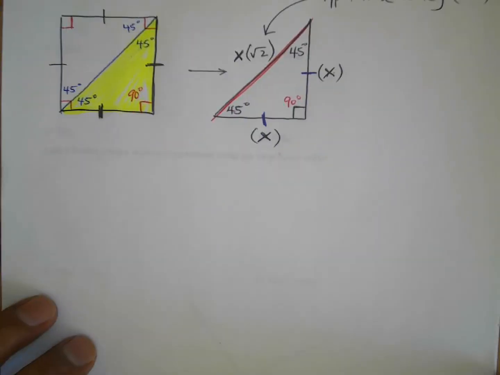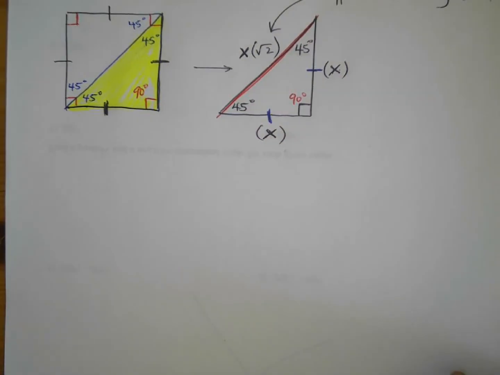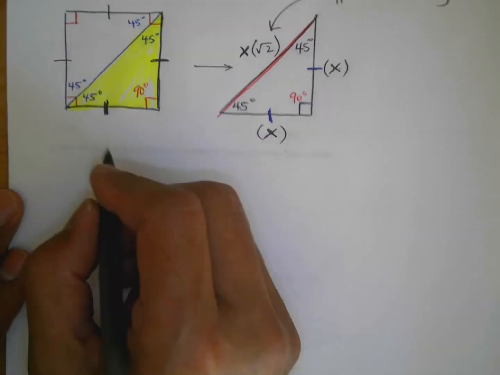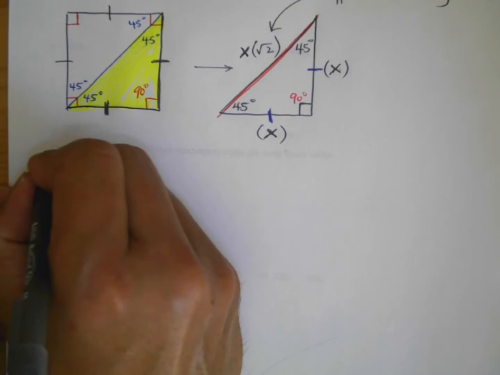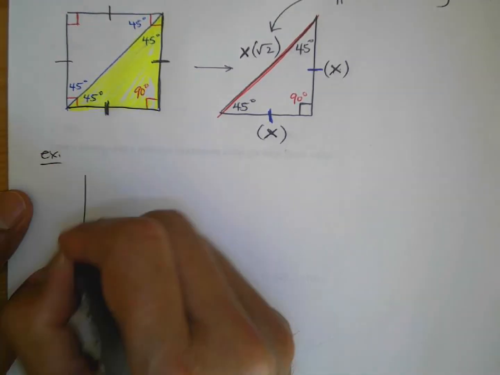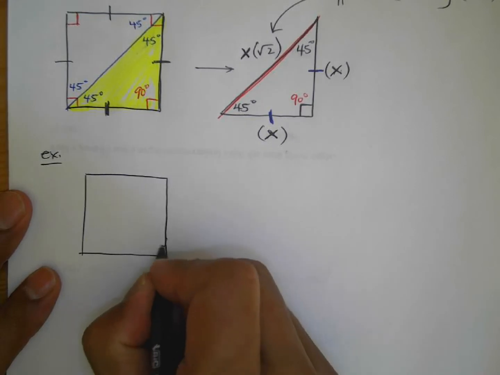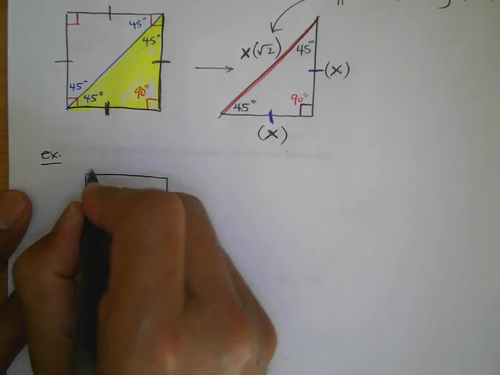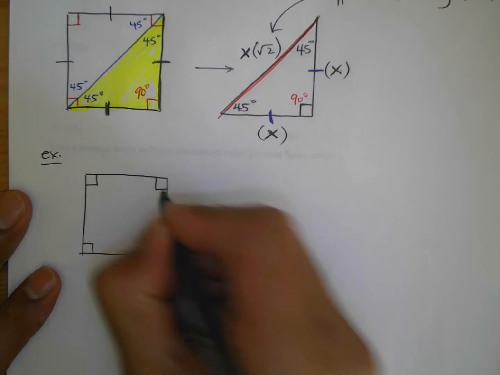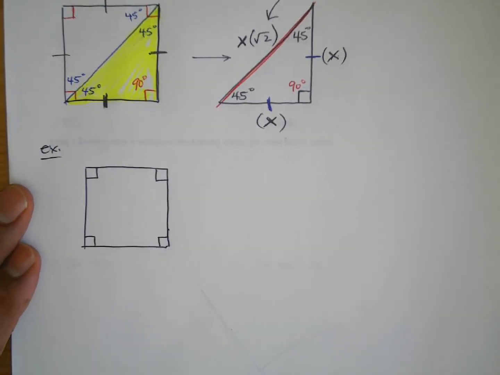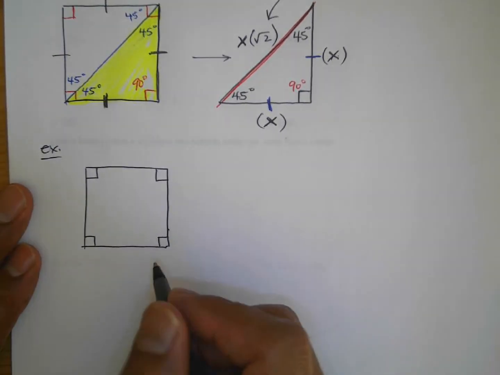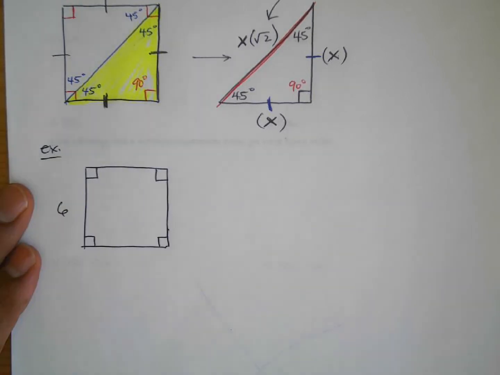So let's go through some quick examples here with some squares. Let's say you have a square, I know this is a square, and it has a side 6.